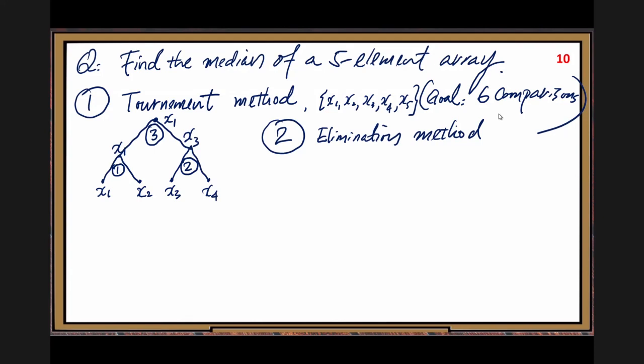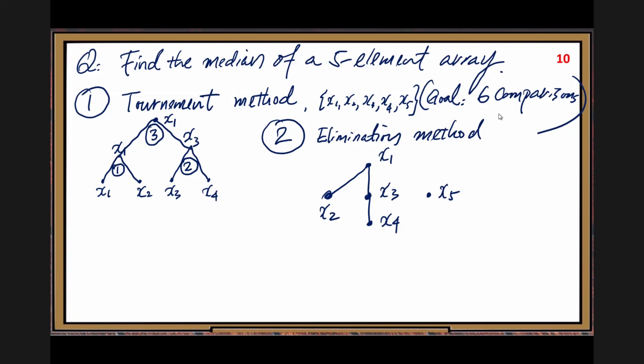Here, let me draw the diagram, so we can see the data relationship. x1 is greater than x3 and greater than x4. x1 is also greater than x2. And we have x5 with unknown relationship; we don't know any information about x5.